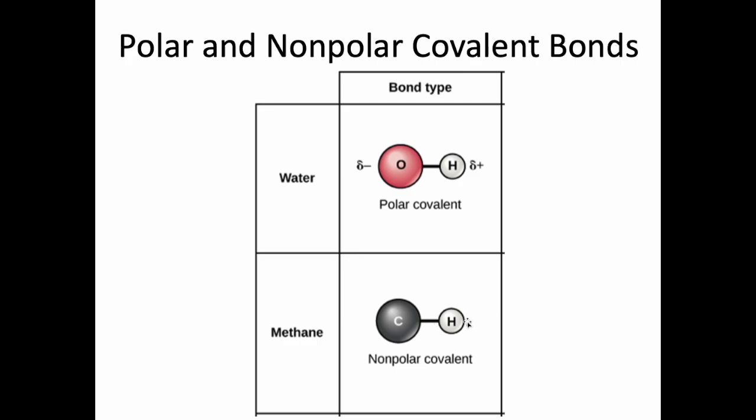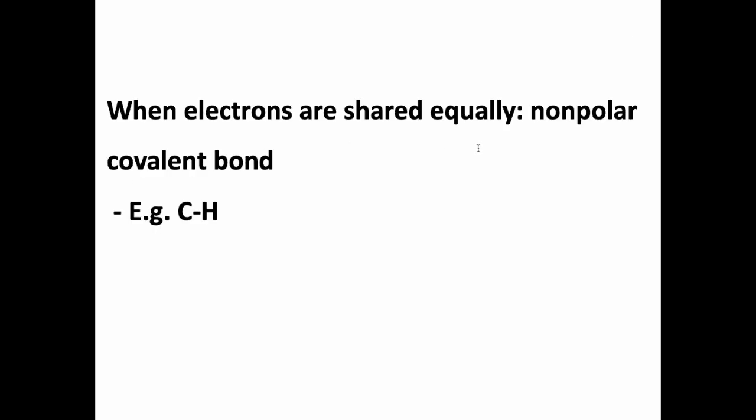They're being shared pretty equally between the two. So I just wanted to point out the terminology here. When electrons are shared equally, this is called a nonpolar covalent bond. And there's no charge or any of this stuff involved. CH is a classic, fantastic, commonly occurring example of this. No charges in the carbon or hydrogen when you've got CH partnered up together.